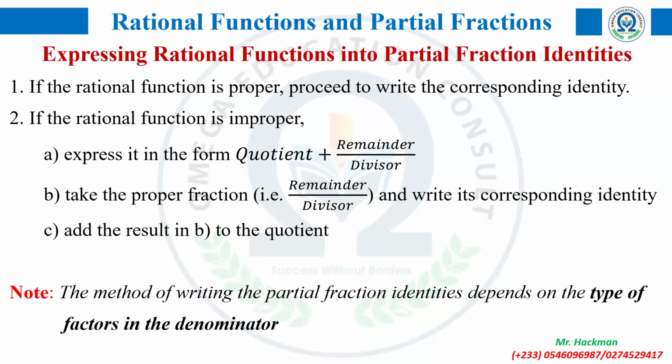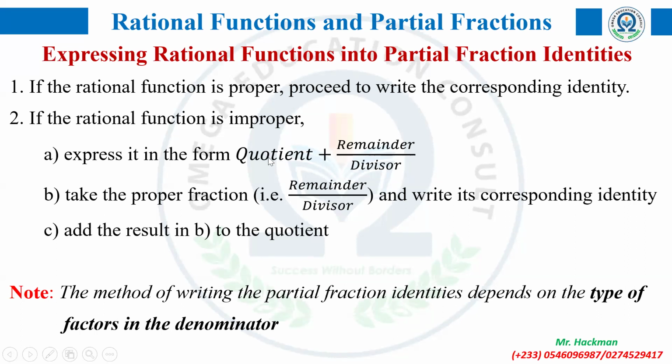That will help you write the corresponding identities. However, look at 2. If the rational fraction is improper, we didn't say you should proceed to write the identity. Before you can write the identity, you need to write what? Your expression, which is your improper rational function, in the form quotient plus remainder over the divisor.